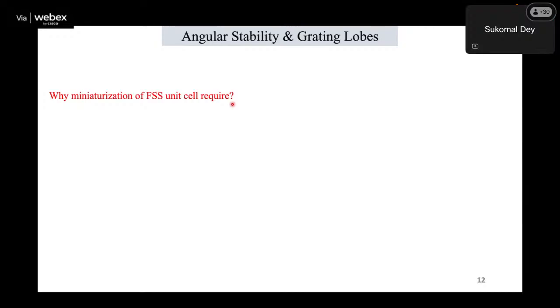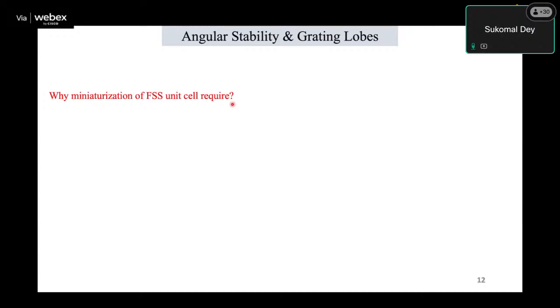Obviously, within a given area your aim should be to accommodate more unit cells so that you can go close to your idealistic response of infinite cross infinite. Obviously, an infinite array you cannot make practically. It means a higher number of arrays.